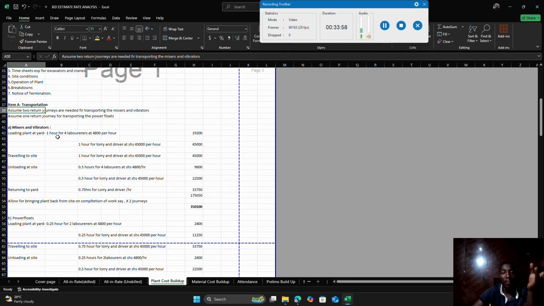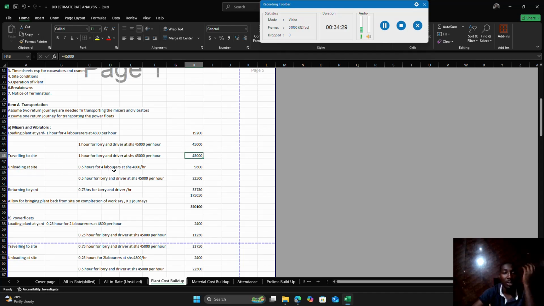We will need 1 hour, but when you're having 4 laborers working, remember our rate for unskilled or semi-skilled workers, you're going to be spending that rate times 4, for the hours that you need, so labor hours of unskilled. Then from there, you need a lorry and a driver: 45,000 per hour. You need travel time, traveling to site, 1 hour for a lorry and a driver, same amount of money.